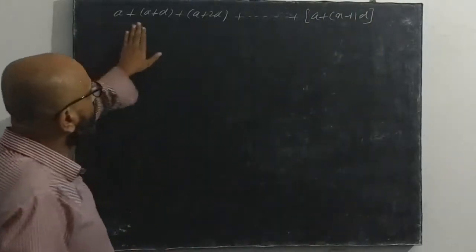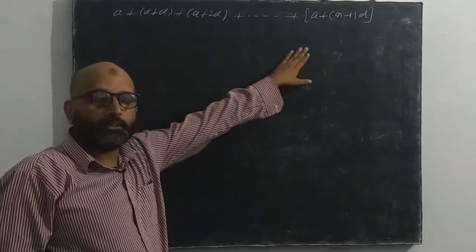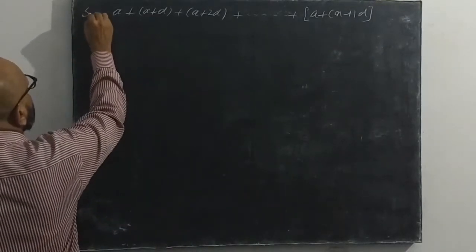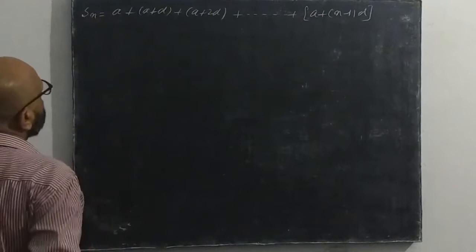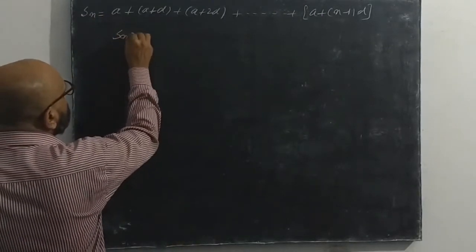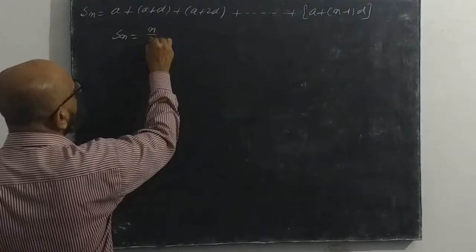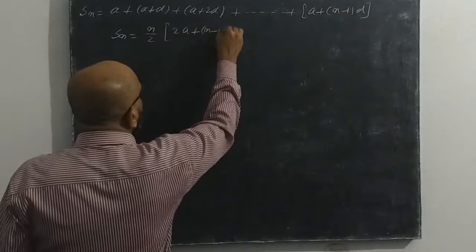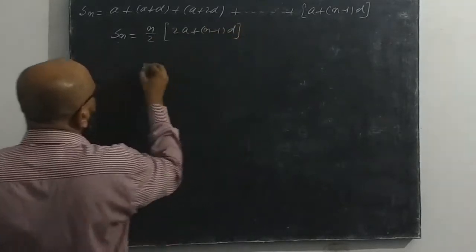This is the sum of the first n terms of an AP, which is denoted by Sn, as you know well. And we have proved that Sn is equal to n upon 2 into (2a plus (n minus 1) into d).